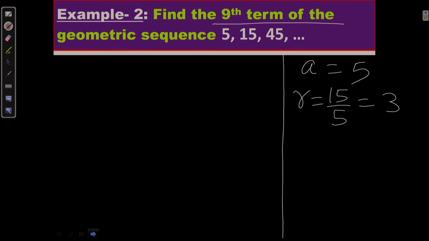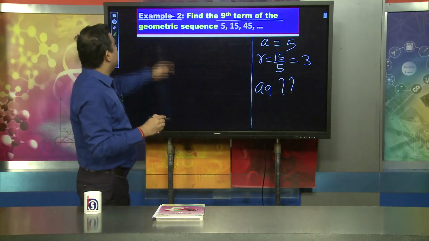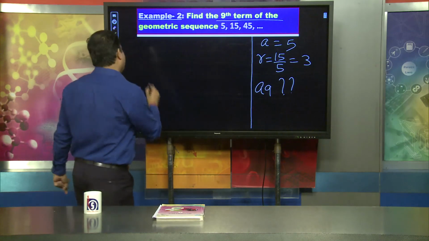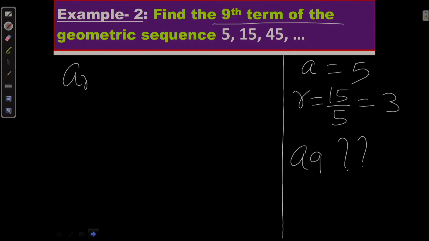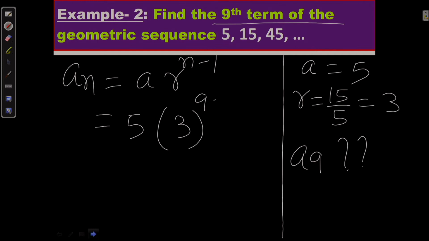We are going to find the value of a_9, the 9th term, and the formula is a_n equals a r raised to the power n minus 1. So I can write 5 into 3 raised to the power 9 minus 1, where r equals 3.